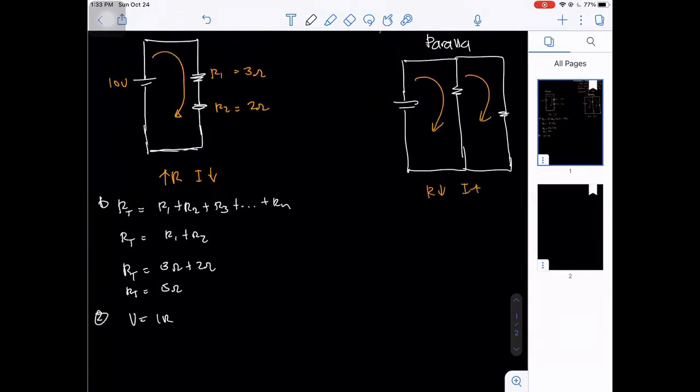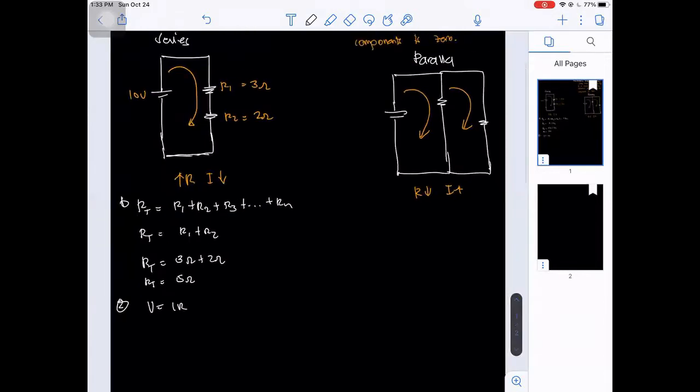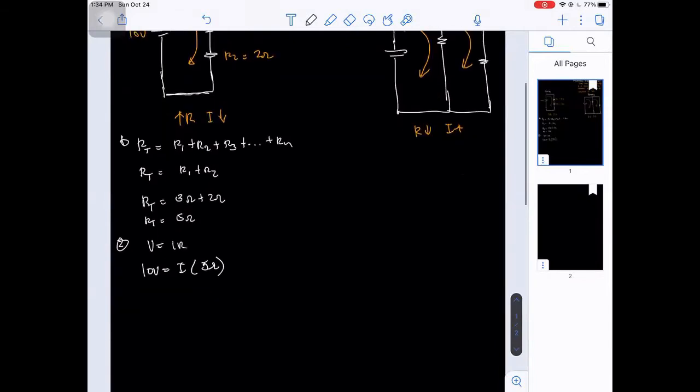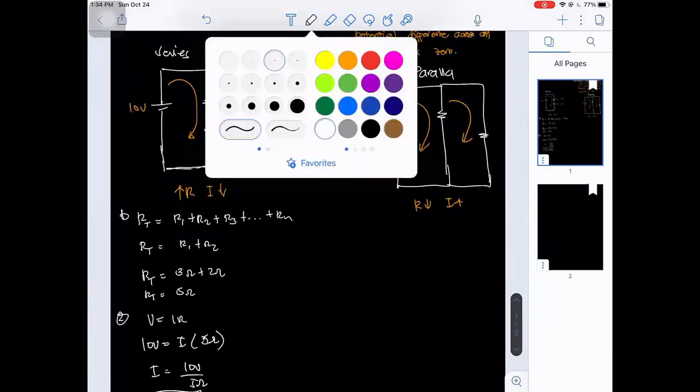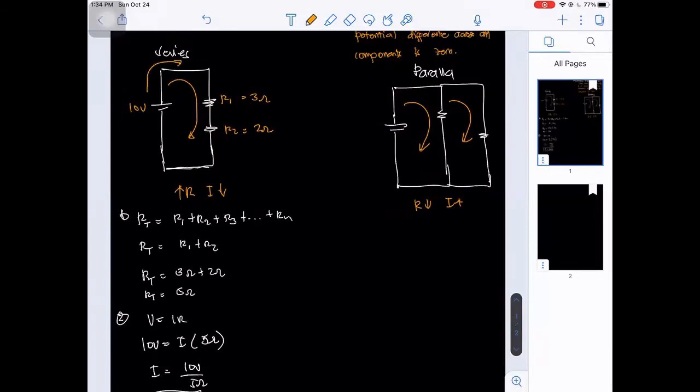Since we now have our total voltage, which is 10 volts, equal to I times our total resistance of 5 ohms, we have current as 10 volts over 5 ohms. So we have 2 amperes flowing in our circuit. This is now our total current: 2 amperes.